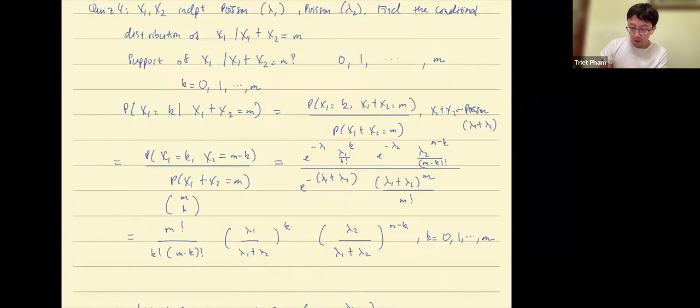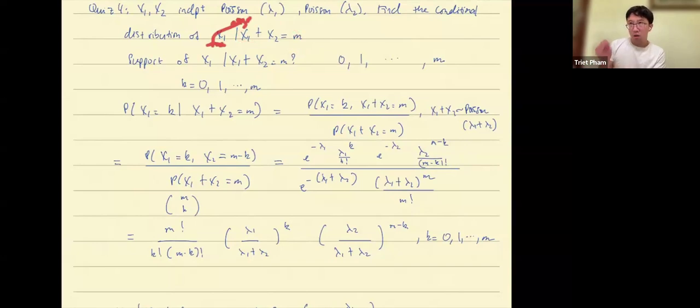It's like if you know the total number of customers arriving at a store, you try to work out the number of males among them. Or, if you want a more abstract description, if you know the total number of arrivals, you try to work out the number of arrivals in a particular category, let's say category number 1.